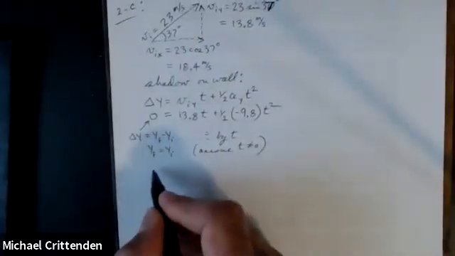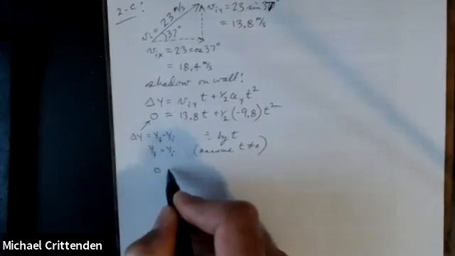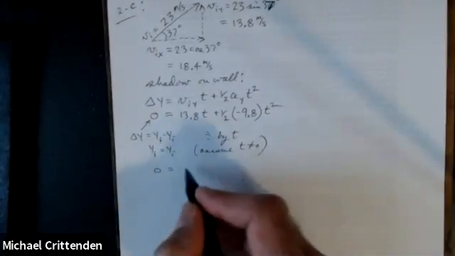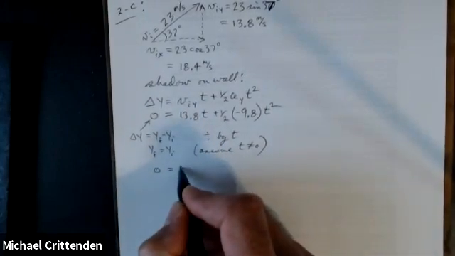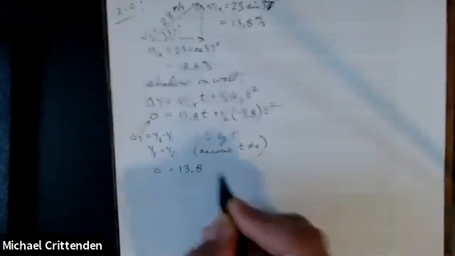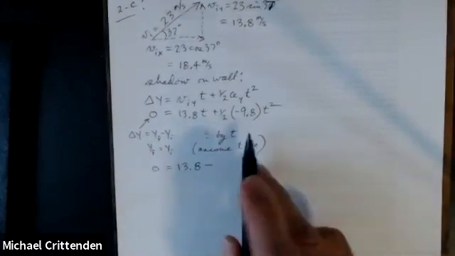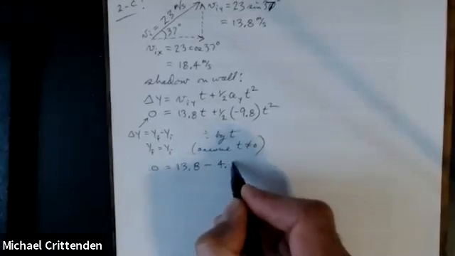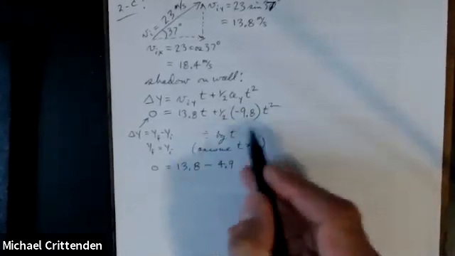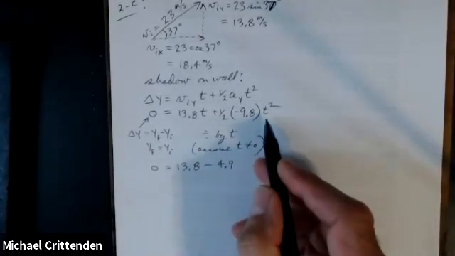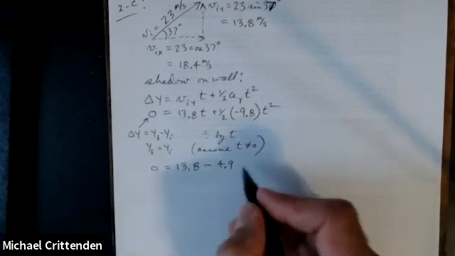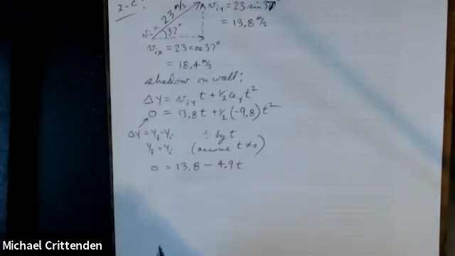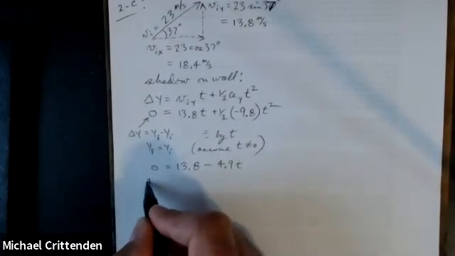So 0 divided by t is 0. 13.8t divided by t, the t over t cancels out. Half of 9.8 is 4.9. And when you divide this term by t, t squared divided by t would be t to the first power. And then finish it off.